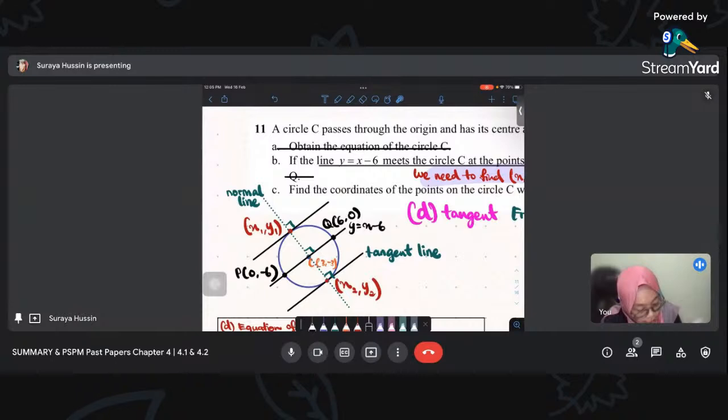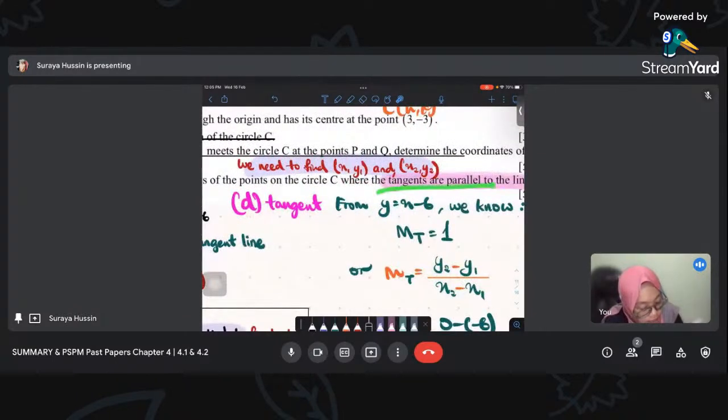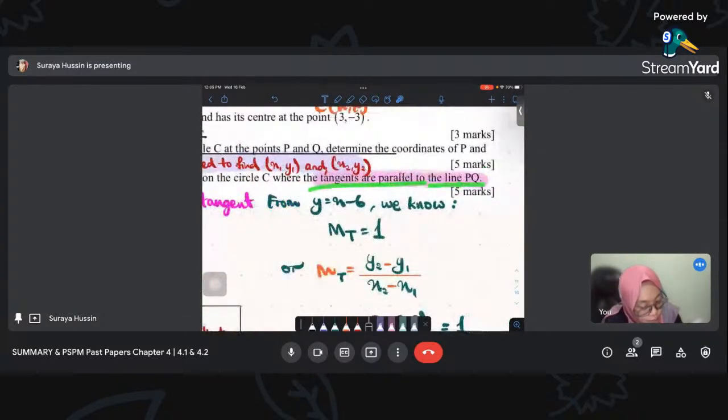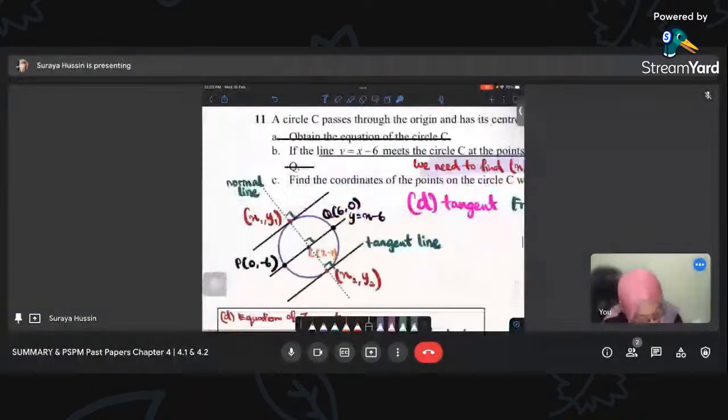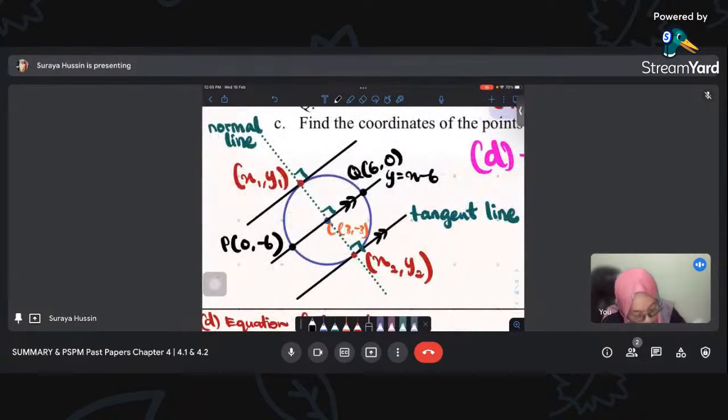So, we need to find the tangents that parallel to the PQ. So, parallel to the PQ maksudnya, kalau sini dah line kita, yang parallel tu apa maksudnya? Parallel means this is the parallel line. The tangent is parallel to the PQ. Means the tangent is over here and here. Do you get me? Do you understand what I'm saying?